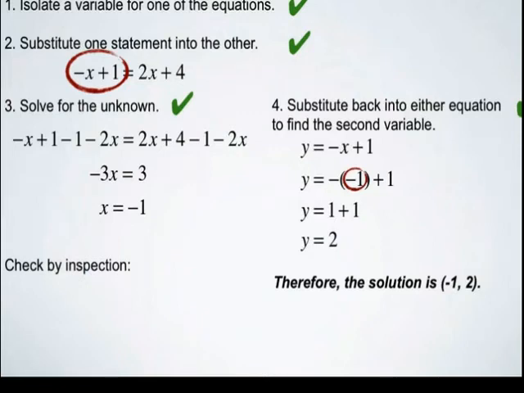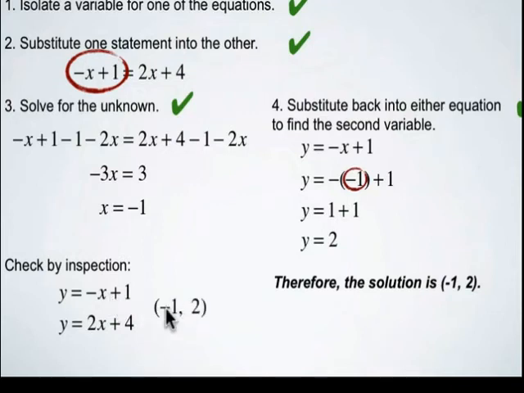So now we're going to check by inspection to see if we've got the right answer. And so our coordinates here, because remember this is a point of intersection of two graphs, two lines on a graph. If this point satisfies both equations, then we know we've got our answer right.